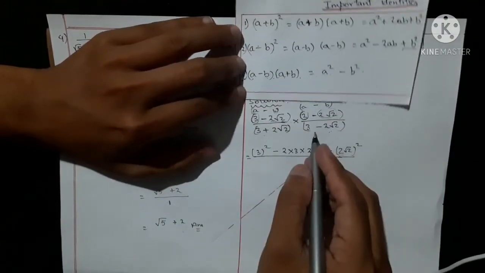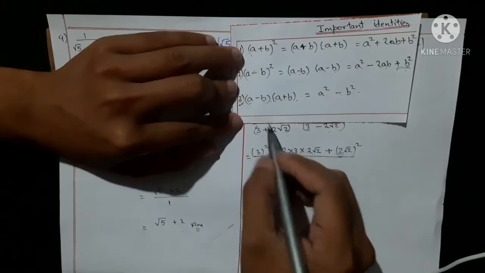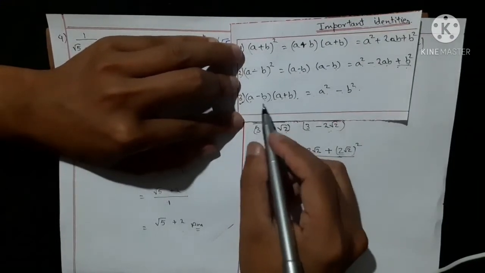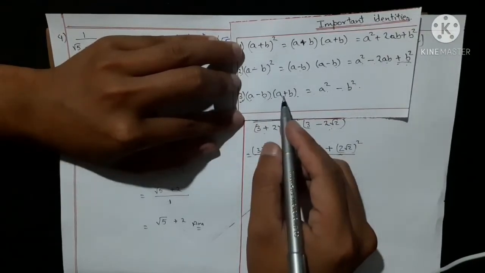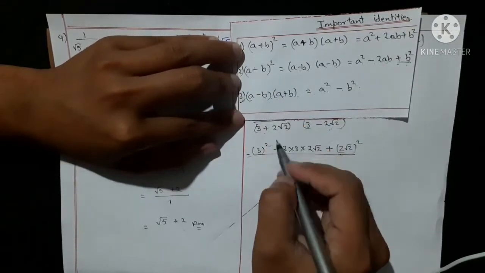In the denominator, we can see again it is identity number 3, a minus b into a plus b. It is the same as a plus b into a minus b also. So a is 3 here also, and b is 2 square root 2 here also.